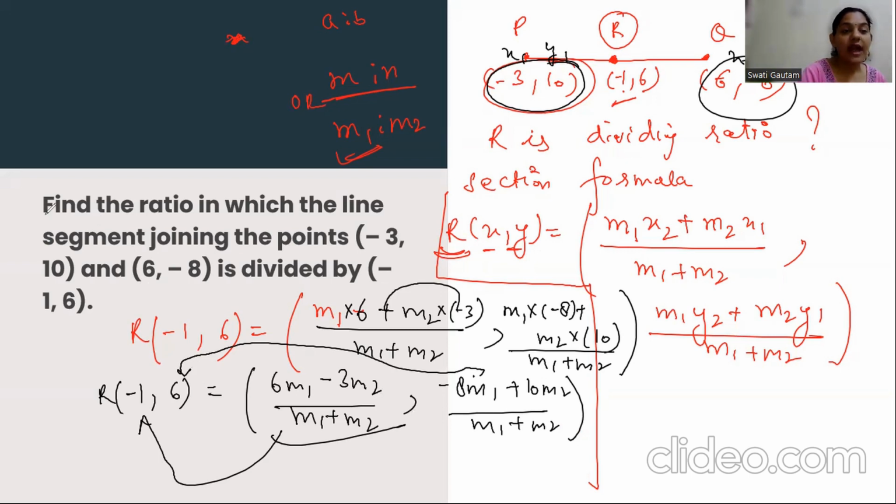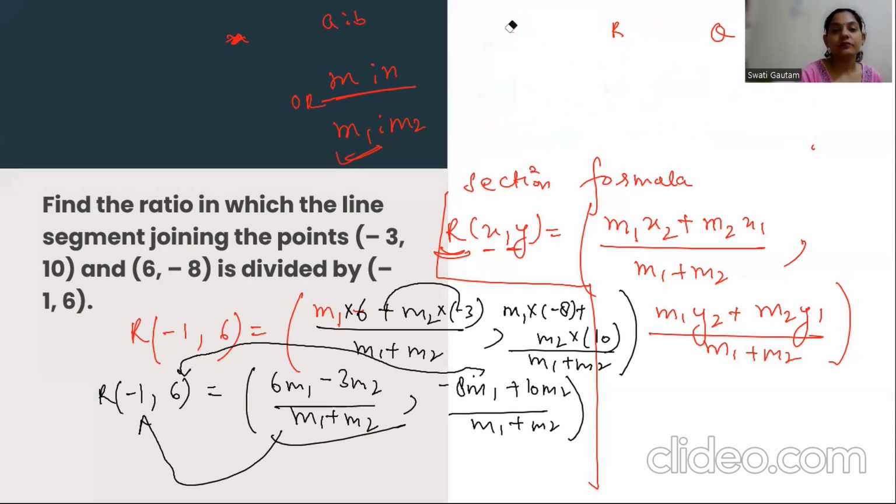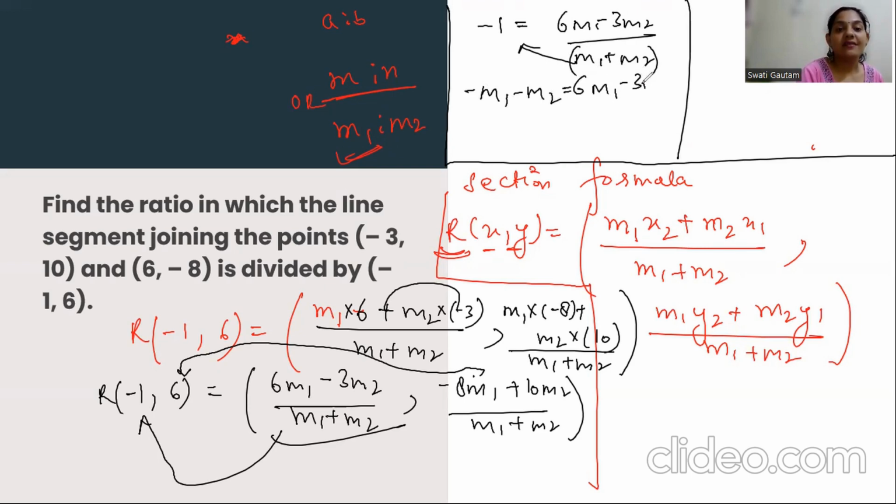So I am taking -1 equals to (6m1 minus 3m2) over (m1 plus m2). I am solving this first. I am taking this to the left hand side, so both terms will multiply with -1. So it will become minus m2 equals to 6m1 minus 3m2.